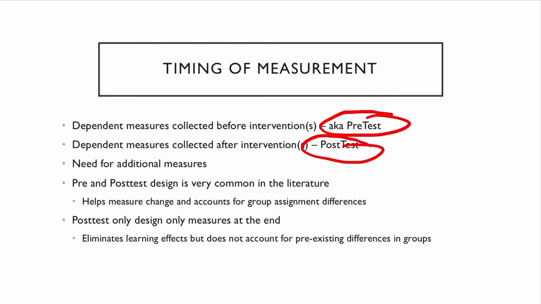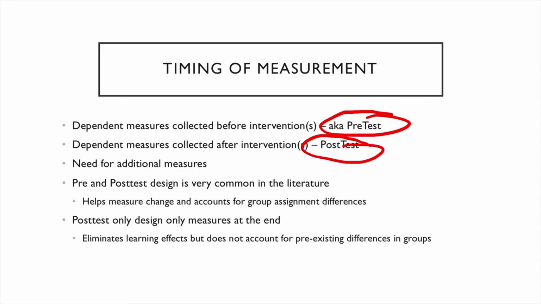Or if I'm looking at potentially foam rolling and I want to see, again, does it increase range of motion right after treatment, I also want to see maybe how long that treatment effect exists. Does it exist for 5 minutes, 10 minutes, an hour, a day later? Are those gains kept over several days, or do they quickly go away? So we may look at various different timing ideas related to the measure that we take.